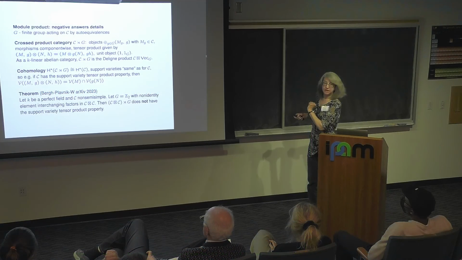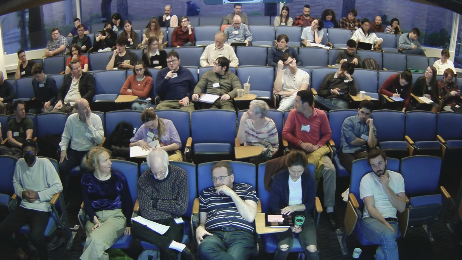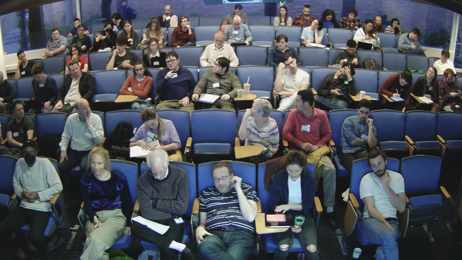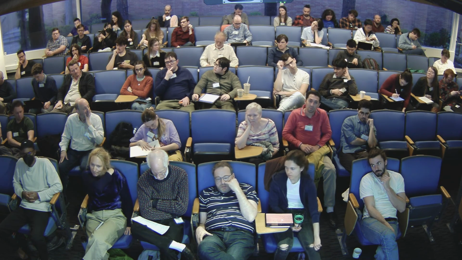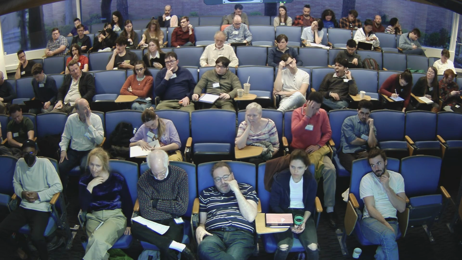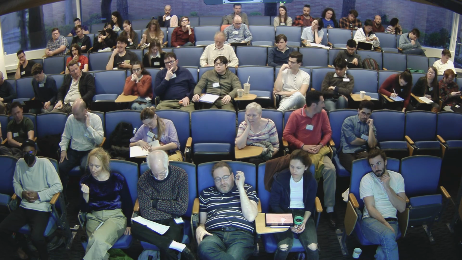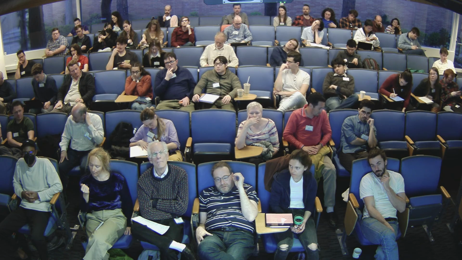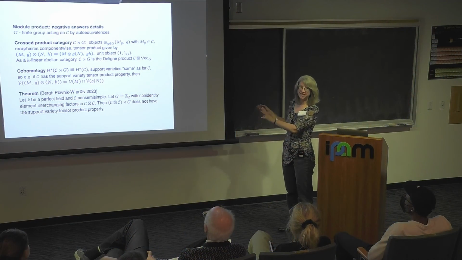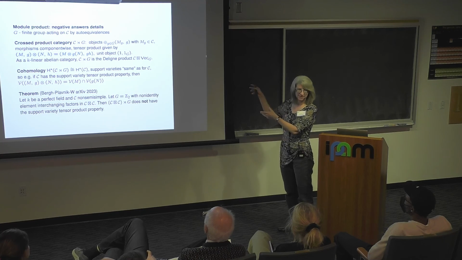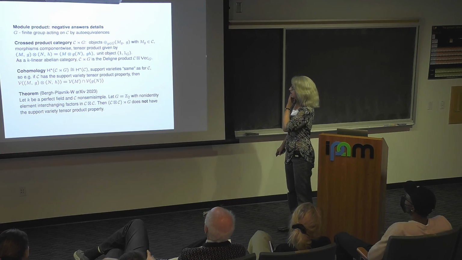Okay. Yes. Have you ever considered the variety of the orbit of the objects, and what kind of properties does it have? Yeah. So sorry, we have not, but certainly if you take orbits, you're going to mess up this part of the argument.